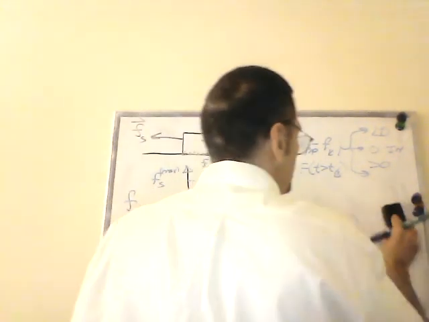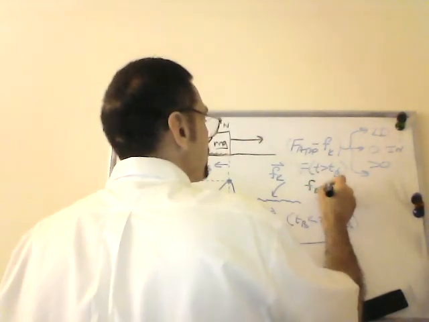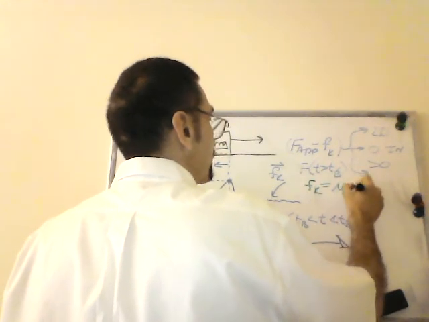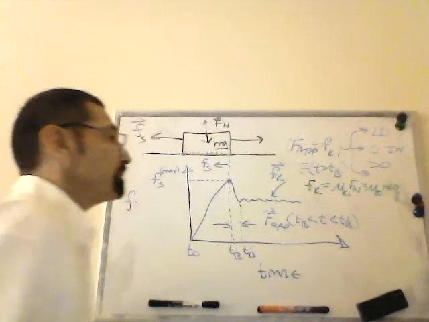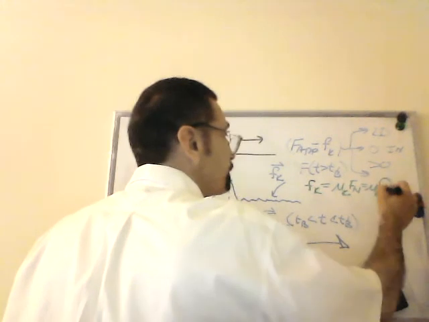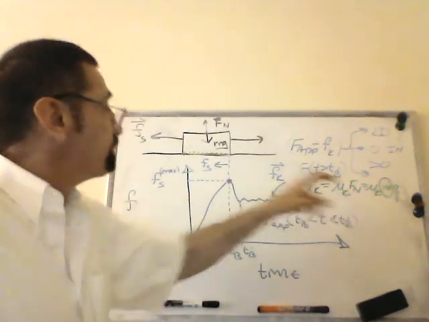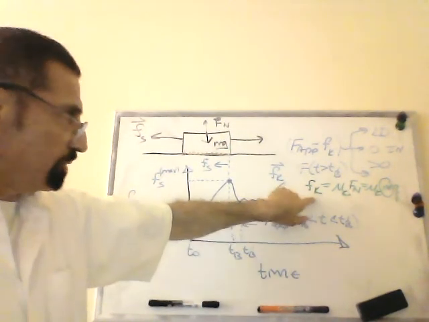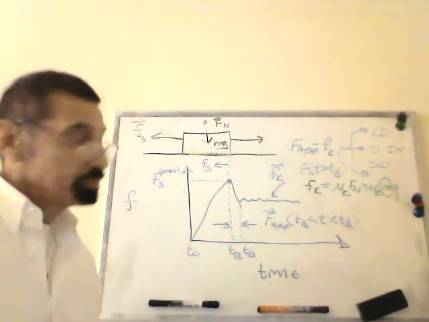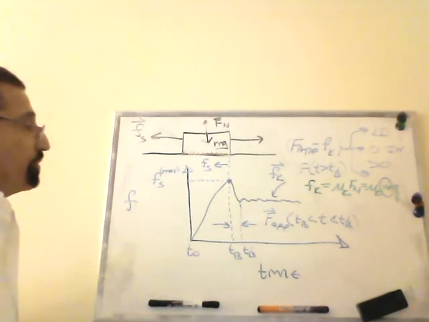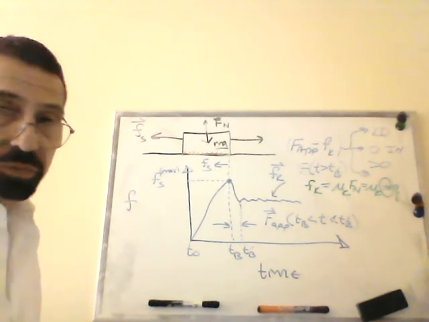So in every case we'll see, remember that this Fk is indeed mu k F normal, which is mu k mg. Again, the mass looms. The more massive this object is, the greater the frictional force, and the more force you'll have to apply to actually get it moving. So, even though there are no numbers here, this gives you a feel of what is happening in these regimes.